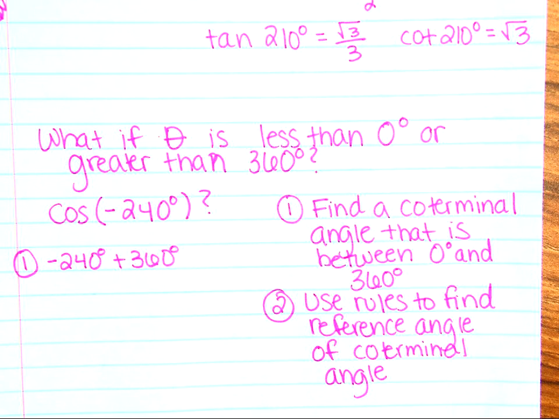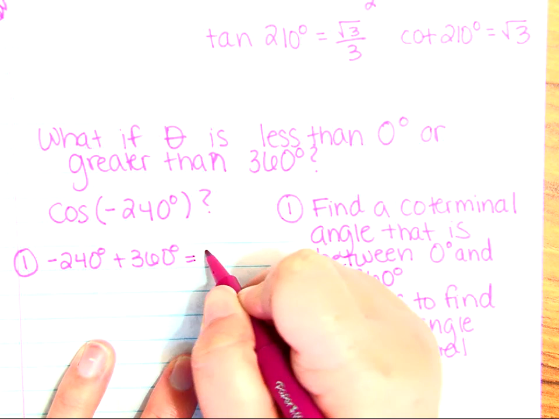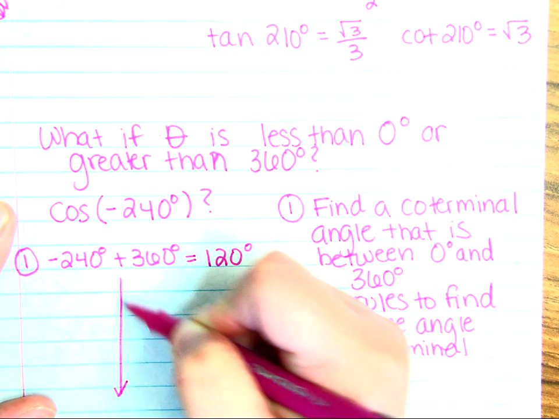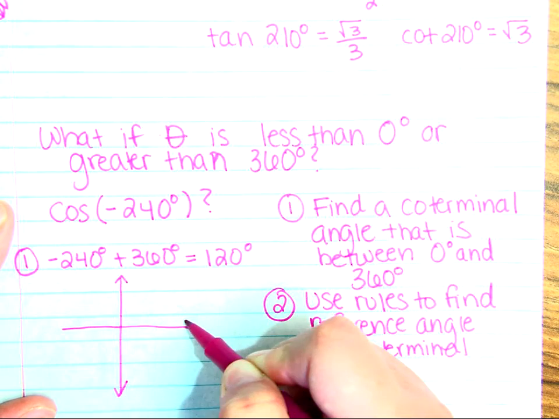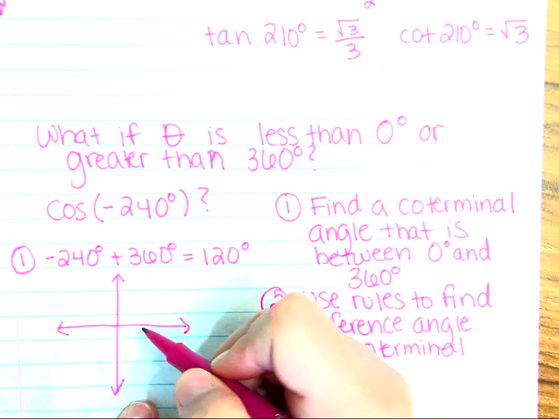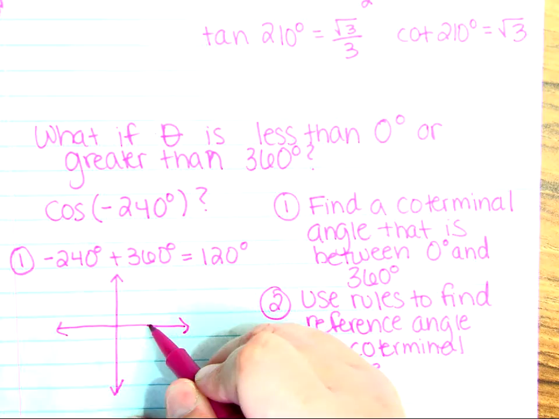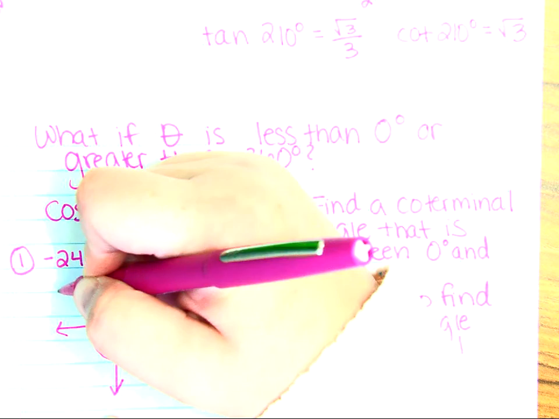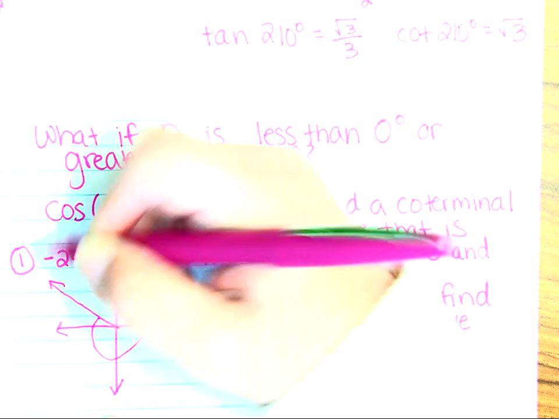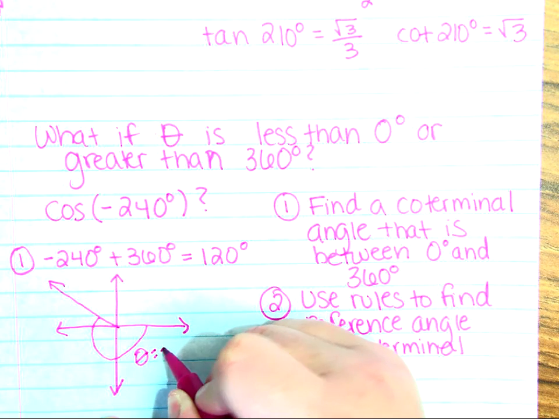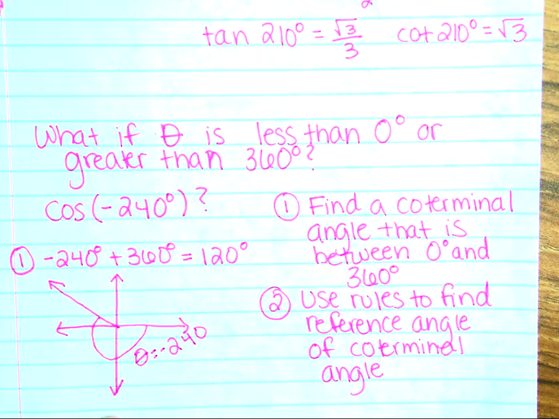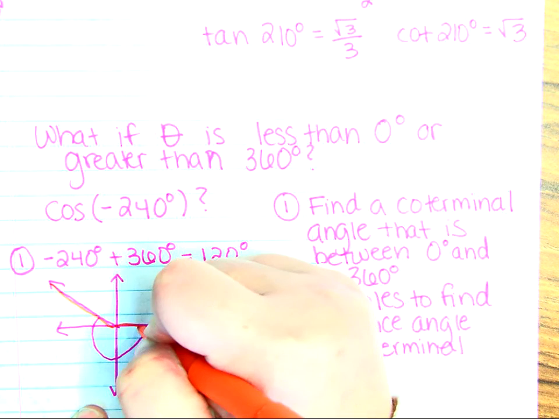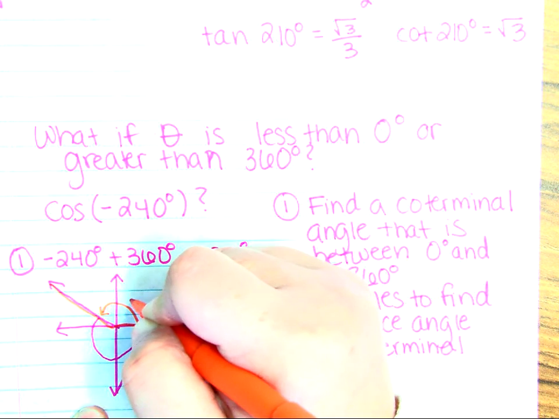And I believe when you do that, you get 120 degrees, which means negative 240 would be here. That would be my original theta, negative 240. Now its coterminal angle ends in the same spot, but it's a positive angle. It would be this direction. That would be 120 degrees.